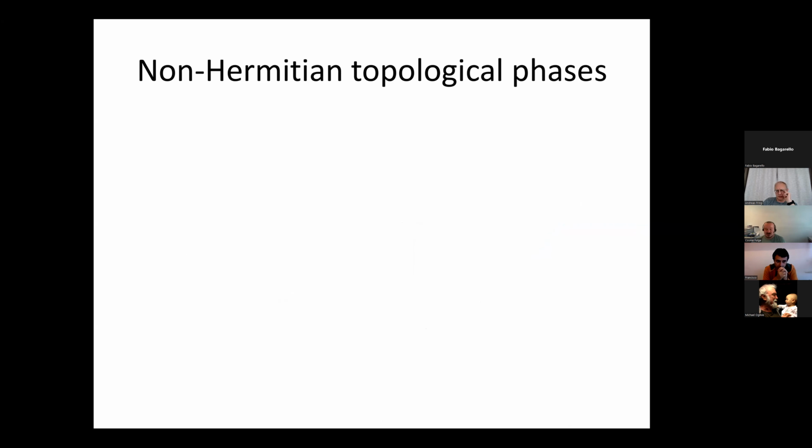In a non-Hermitian topological phase, I have a system which is described by a non-Hermitian Hamiltonian. So it's a bit harder to plot band structures like I showed you on the last slide. Instead, something that's common is to plot the spectrum in the complex plane. If the Hamiltonian is not Hermitian, then its eigenvalues can be complex. And if they are complex, I plot them on this real axis, imaginary axis.